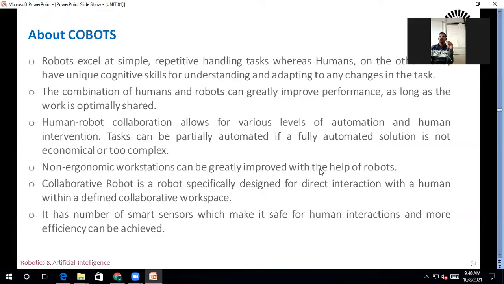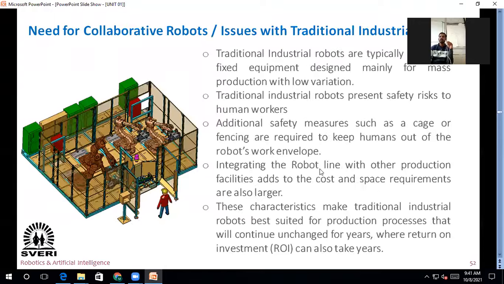About the cobot, we have seen what the functionality of that cobot is and how it works. Next, you can see this one.